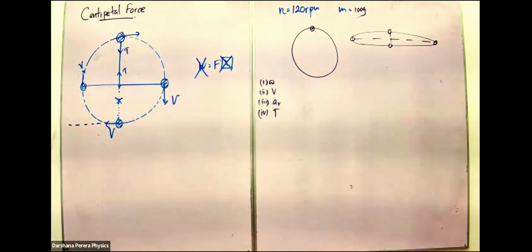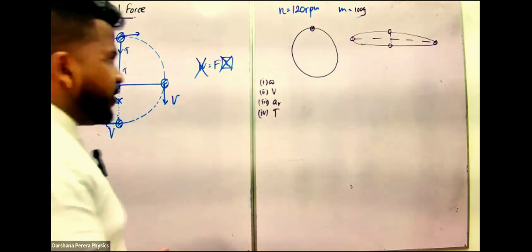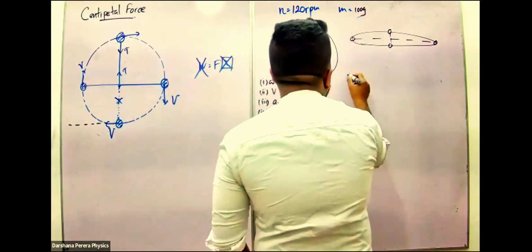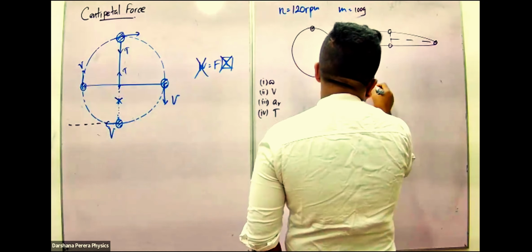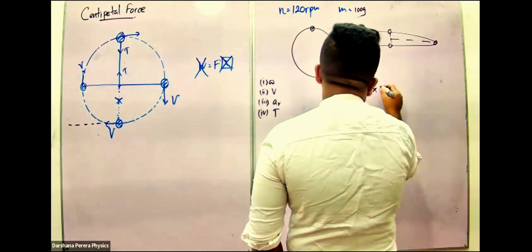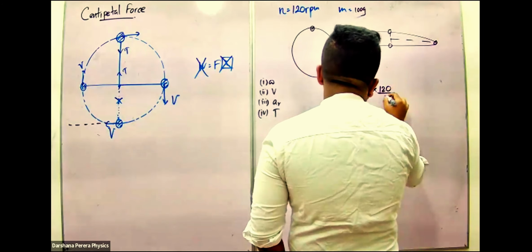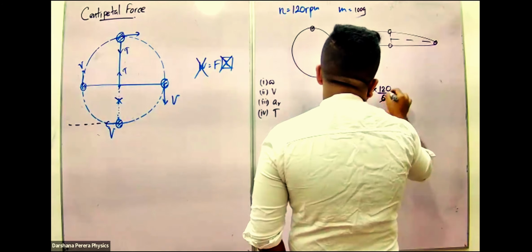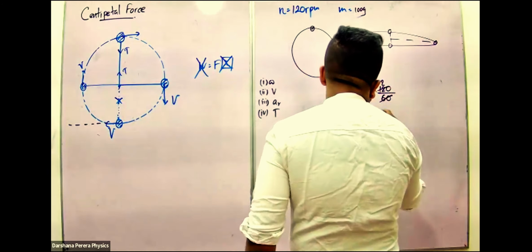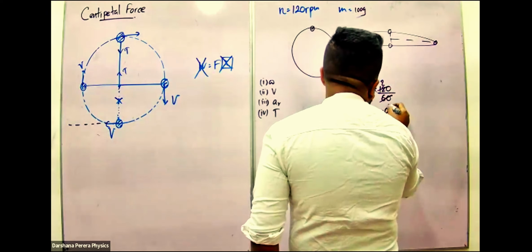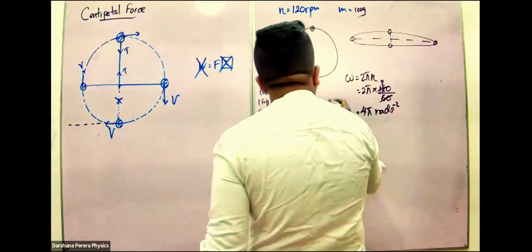We have to take first of all omega. Omega equals 2 pi n. That is 2 pi times 120 rpm, and we have to divide by 60, giving 4 pi rad s^-1.